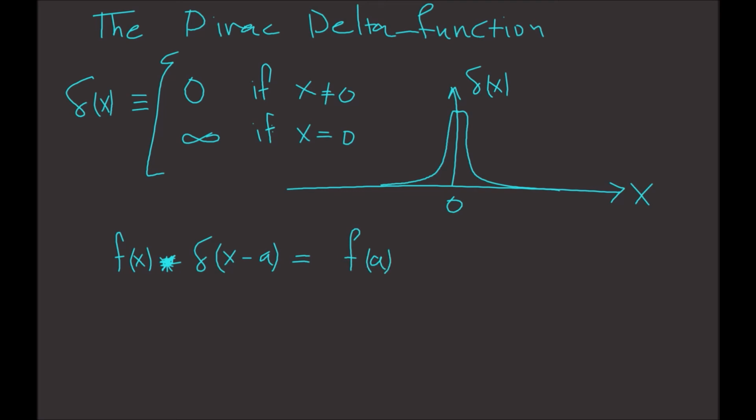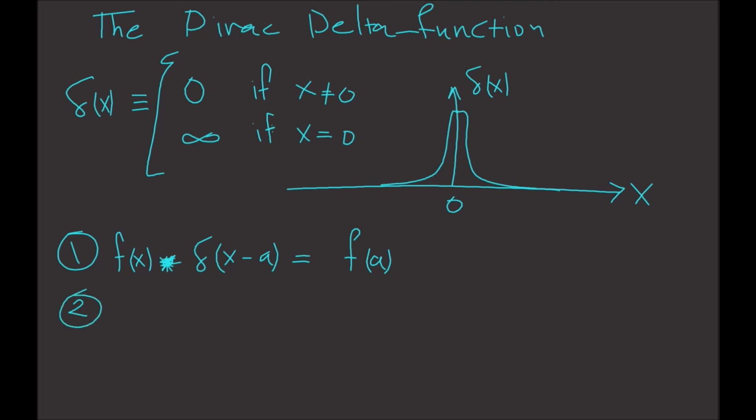Think of it: we have a function f of x times this delta function of x minus a. It's going to give 0, it's going to kill this f of x anywhere but at the point a. It's going to give us that value. So that's one thing we have to keep in mind. I'll put examples for this one here at the top right corner.